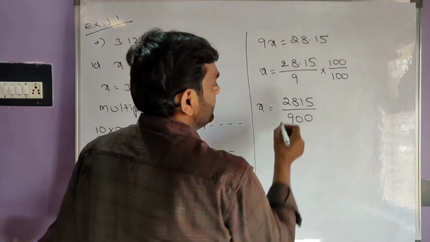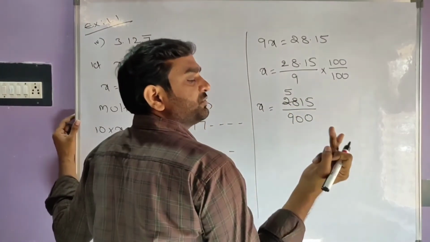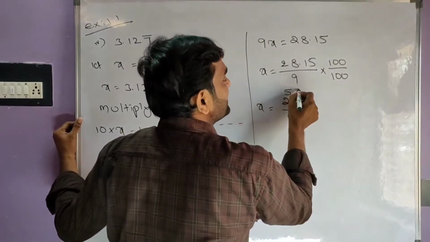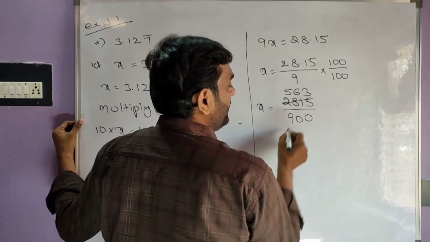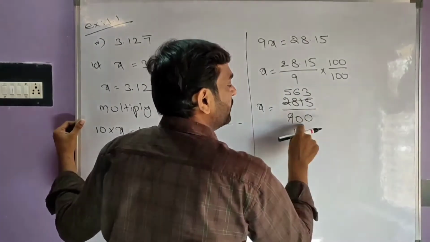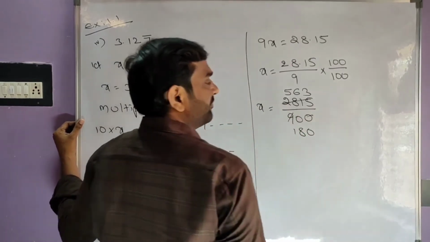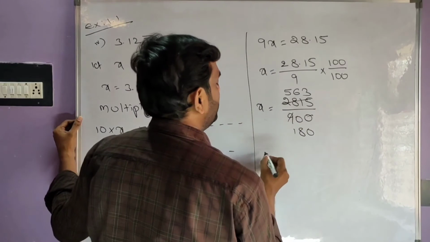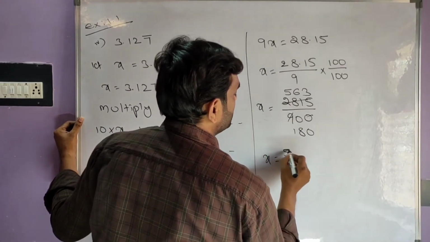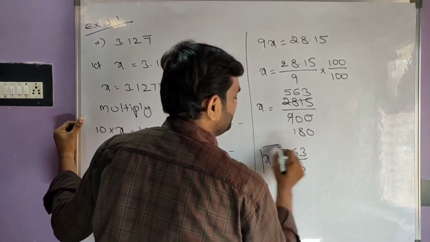Now cancel this: 5 5s are 25, 5 6s are 30, 15 remaining... 5 1s are 5, 5 8s are 40, 0. 6 3 9 plus 5 is 14, not divisible by any number. So we got 563 by 180.